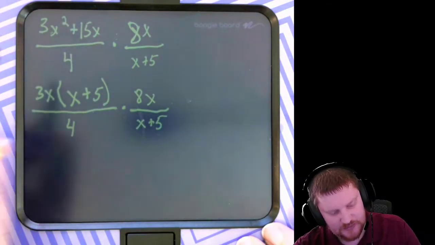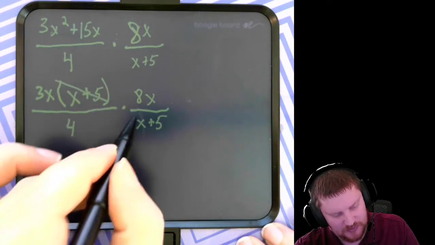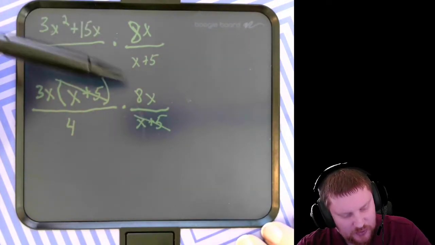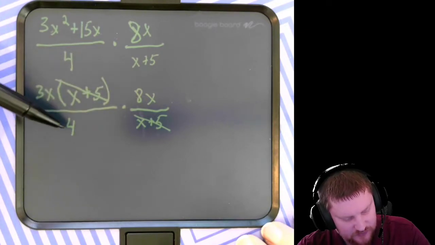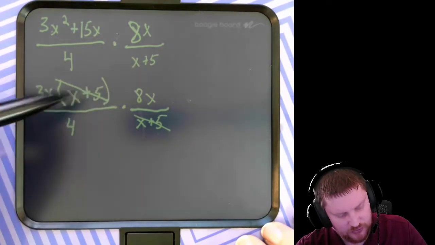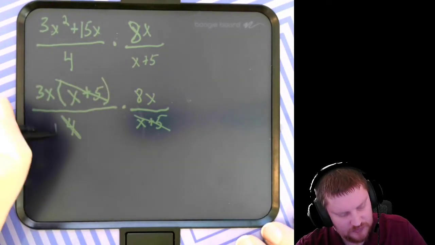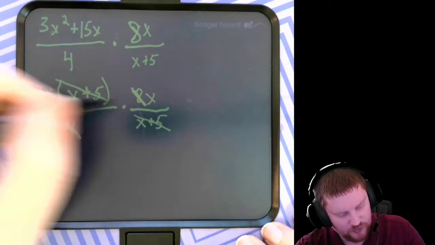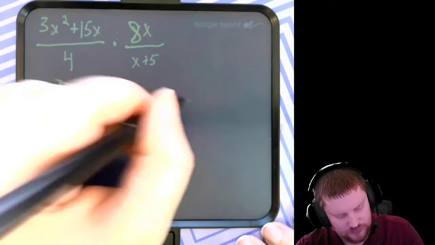And once again, our next step is to cancel anything that we share top to bottom, so x plus 5, x plus 5. However, remember when you have constants, in this case 8 and 4, that share multiples of each other, in this case they're both multiples of 4, you can divide by whatever they share. So 4 divided by 4 is 1, 8 divided by 4 is 2.